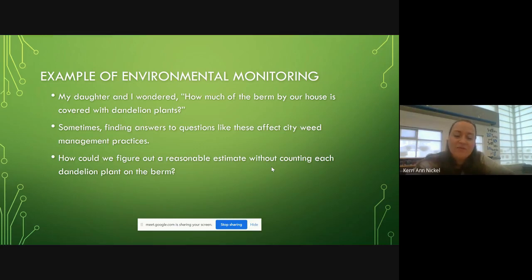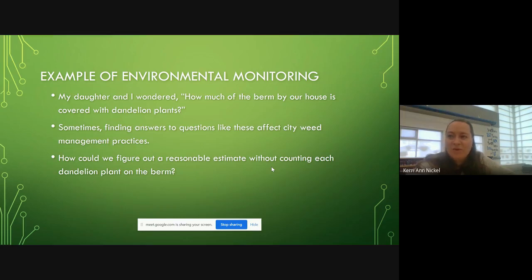Sometimes finding answers to this would actually be important to cities, because when they're looking at weed management practices, they're going to target areas that have the worst infestation of different kinds of weeds.